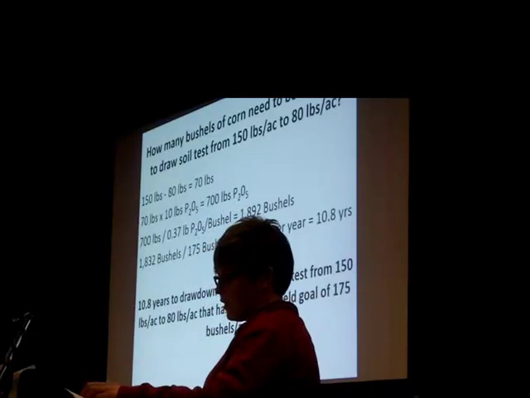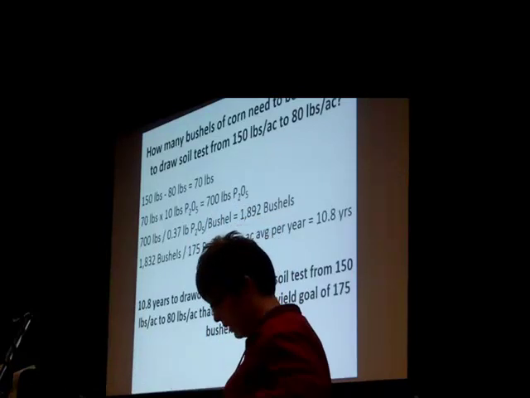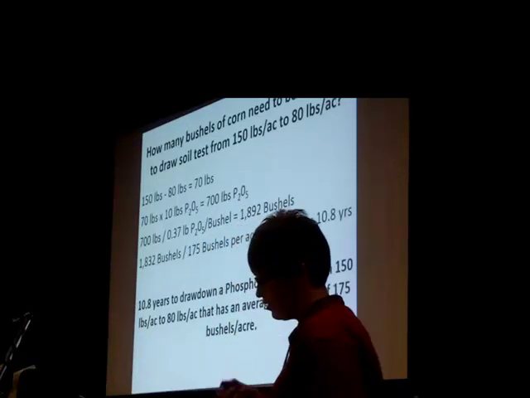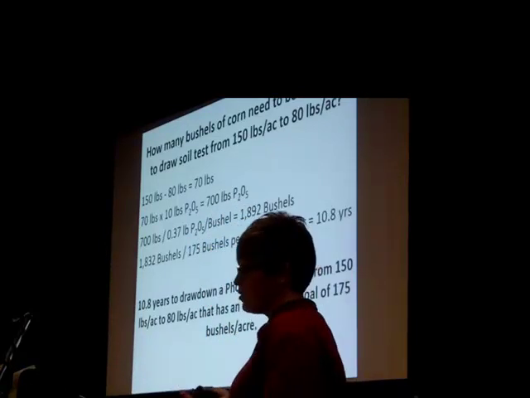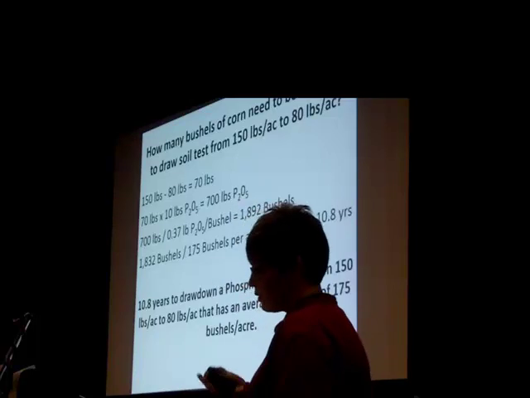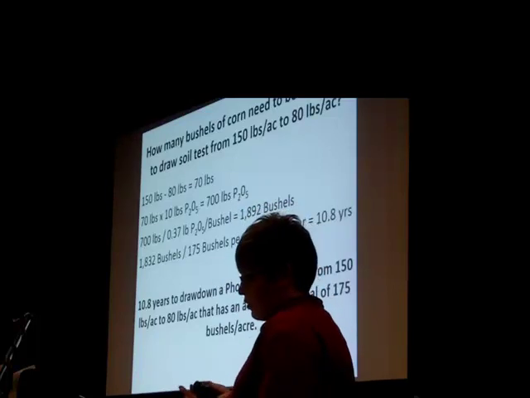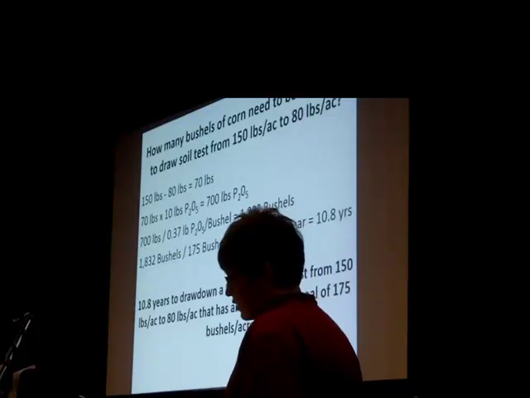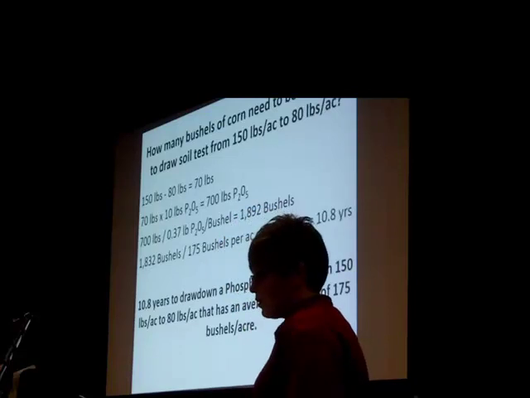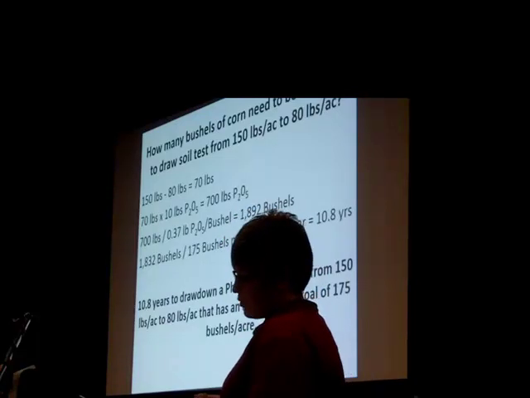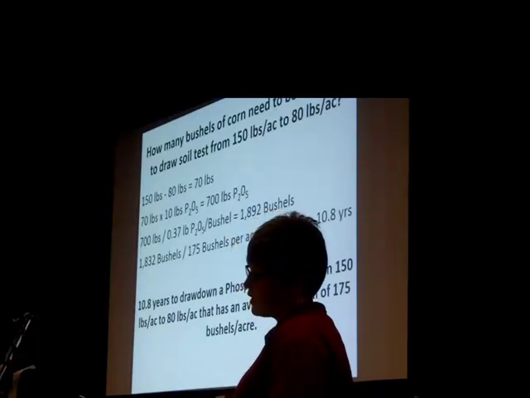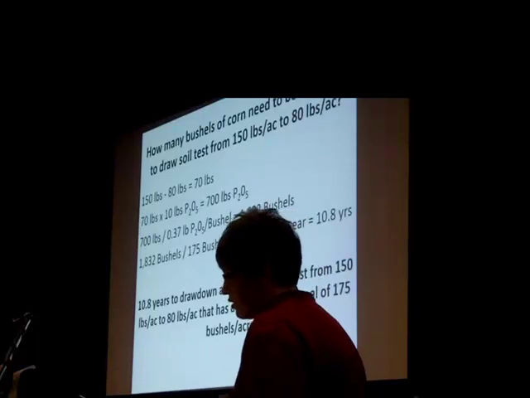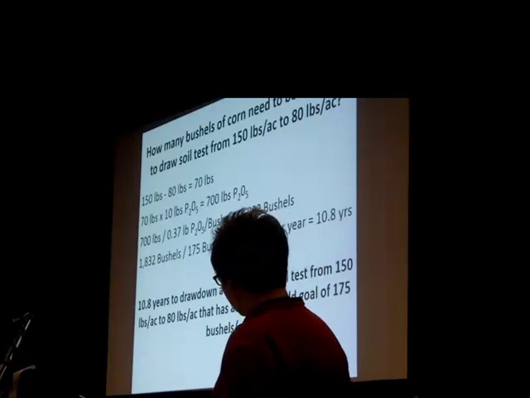This is what I call the Terry Mesher calculation, because he did this at a training and it has really put a different perspective on how I kind of look at explaining nutrient drawdown to farmers. If we have a soil test level that's 150 pounds per acre, how many years will it take to draw it down to 80 pounds using a corn-soybean rotation?